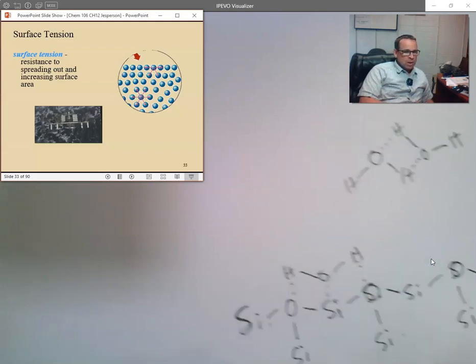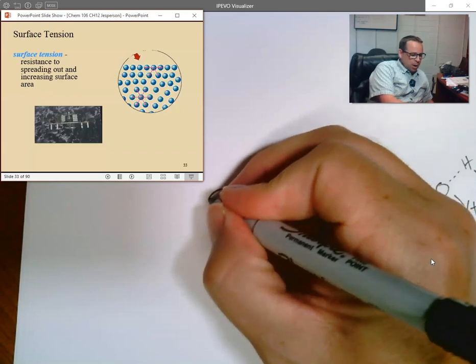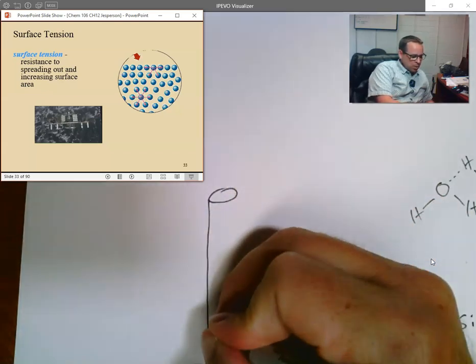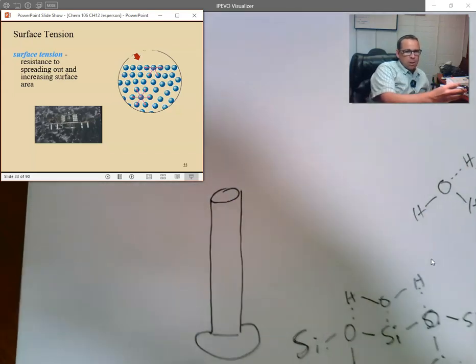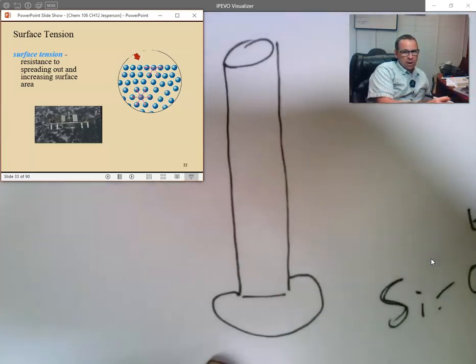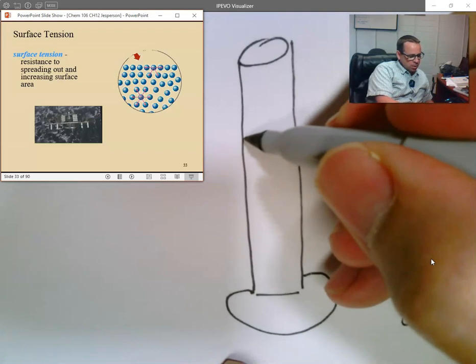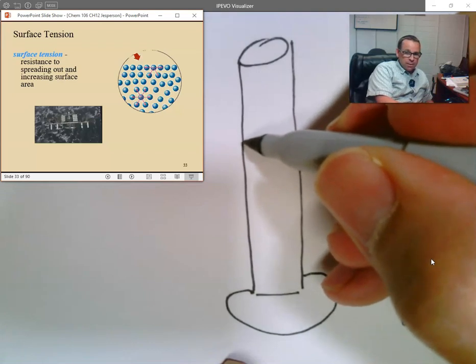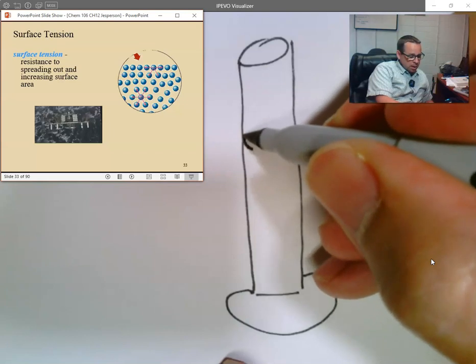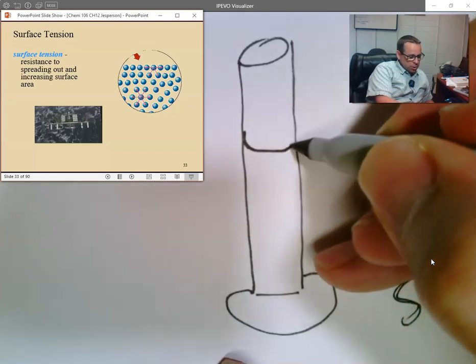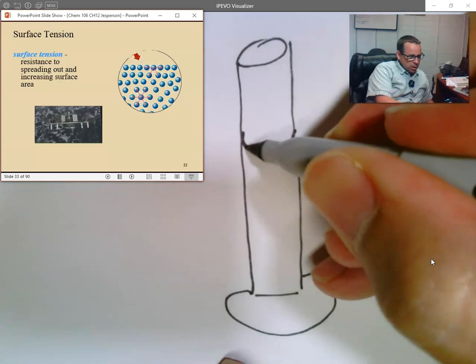Okay? Now, remember how when we talk about a graduated cylinder and we want to be able to determine how much water is in there, when we fill up a graduated cylinder that's made of glass, we get this kind of a shape. Anybody remember what we call that?